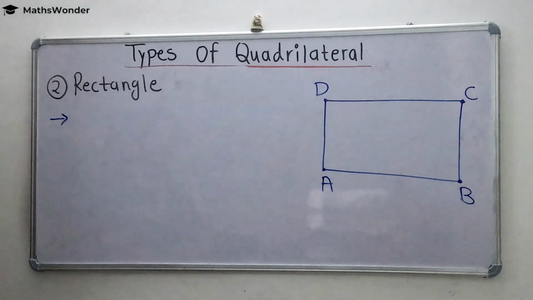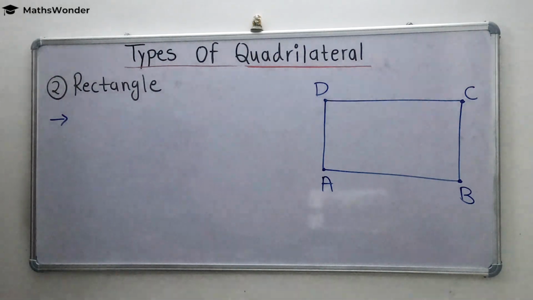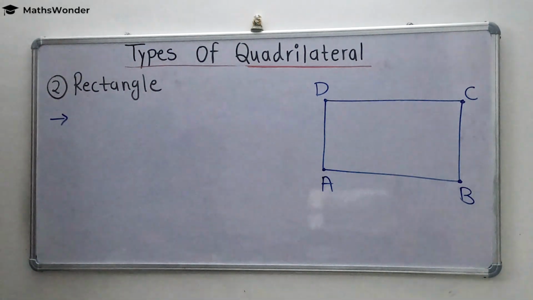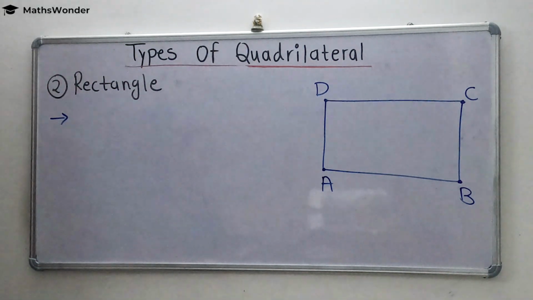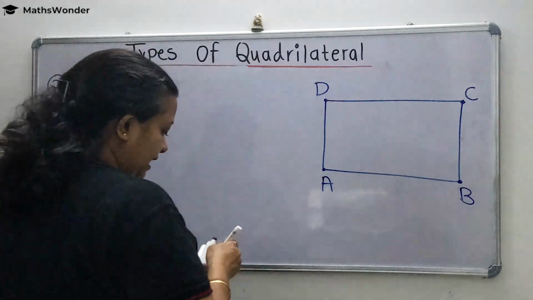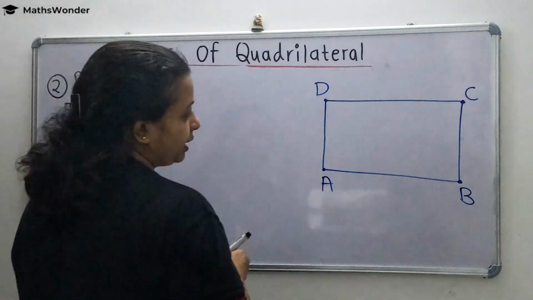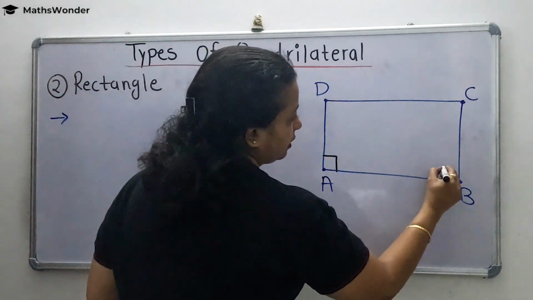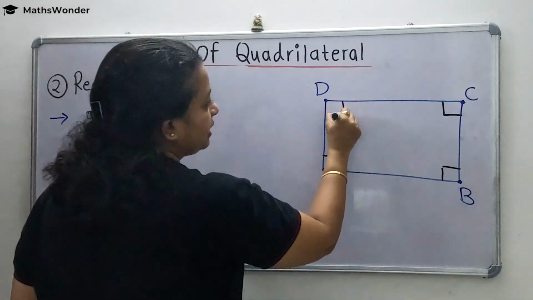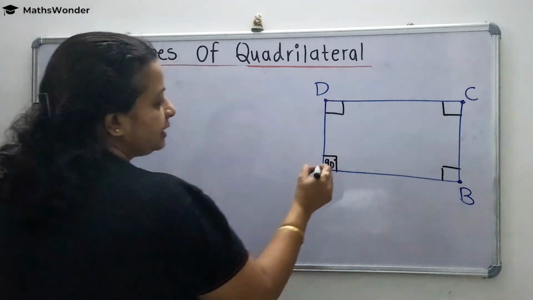Now the next is rectangle. Okay, rectangle. A rectangle is a parallelogram in which each angle is a right angle, as you know. All are right angles. Right angle means 90 degrees.